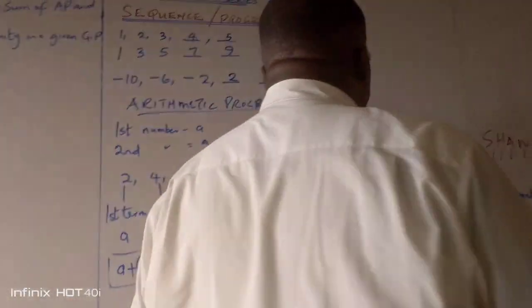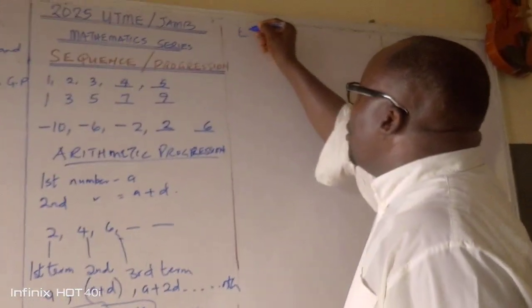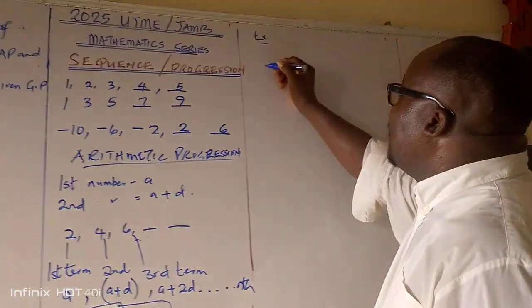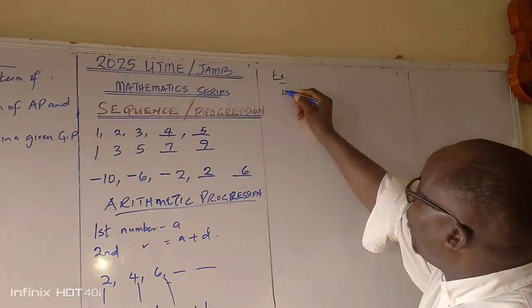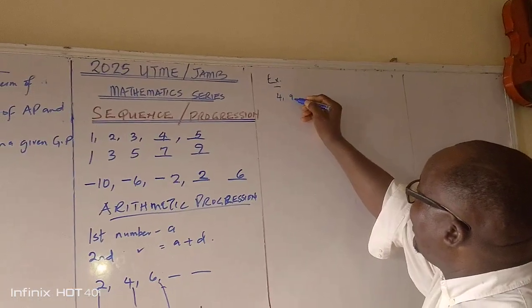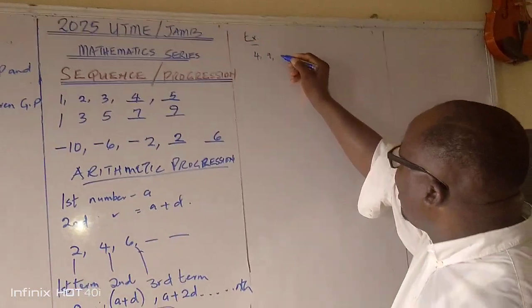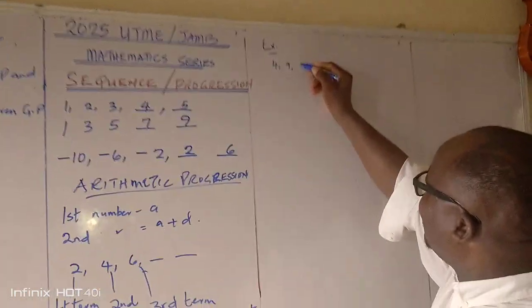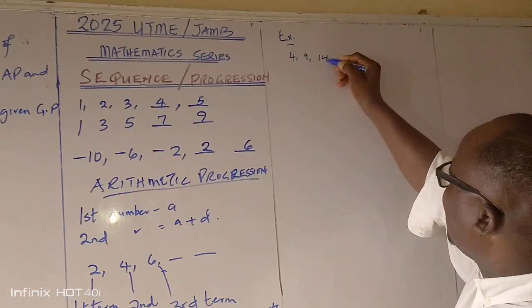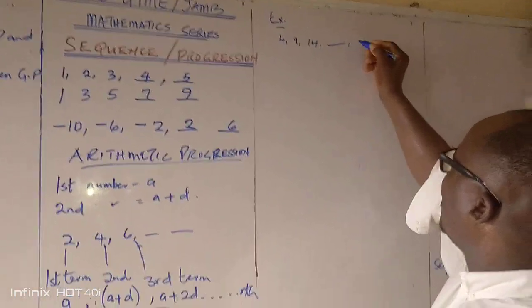Consider a sequence 4, 9, 14, dash, and dash.